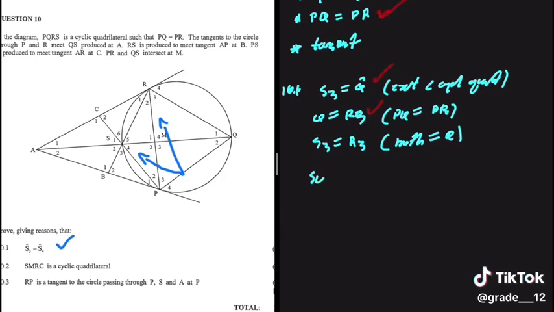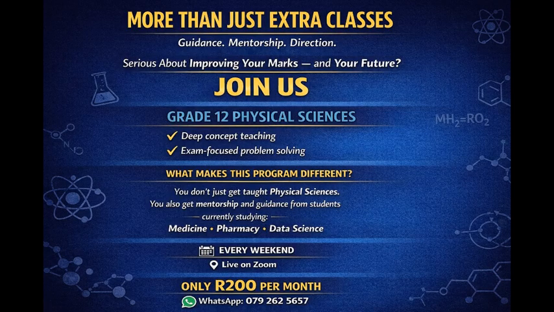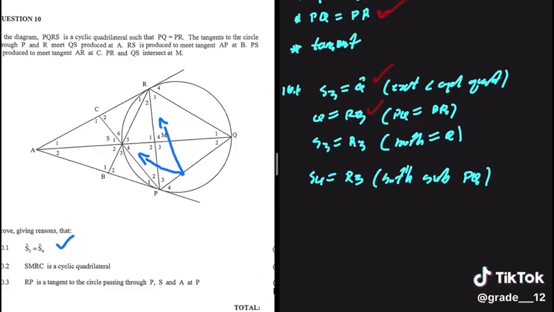We're saying that S4 is equal to R3 because they are both subtended by our chord PQ. Okay, I think the right reason is that they are in the same arc. That is the right reason.